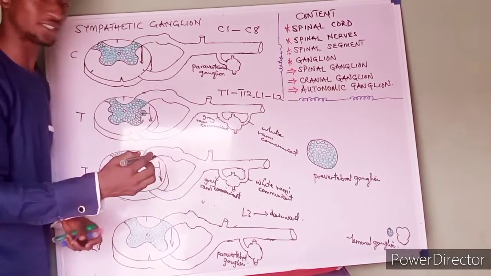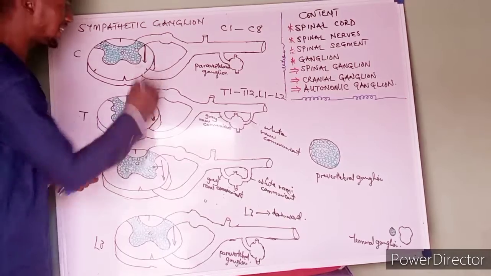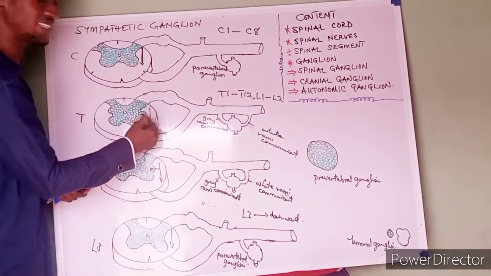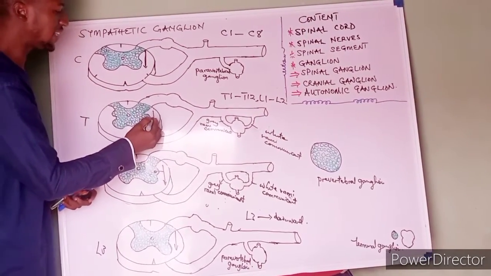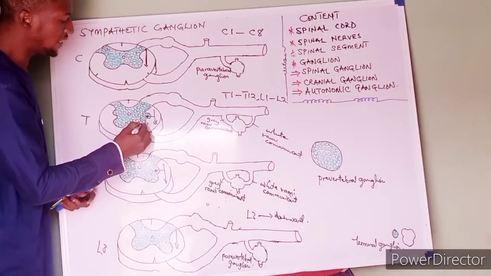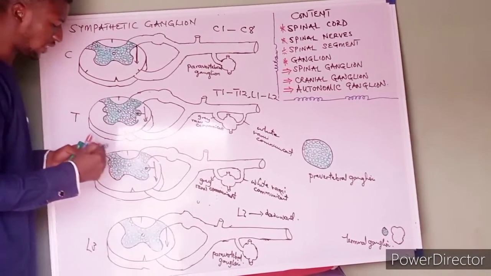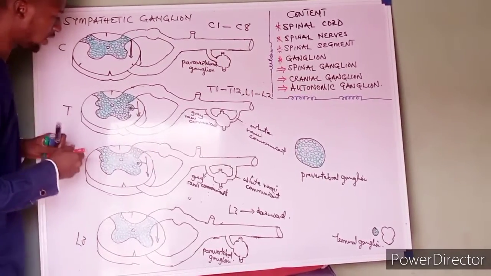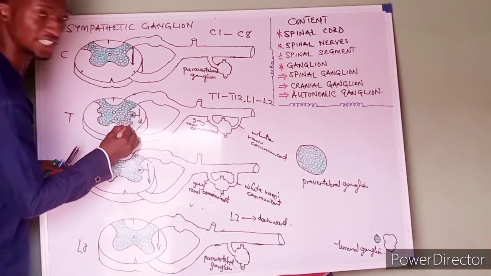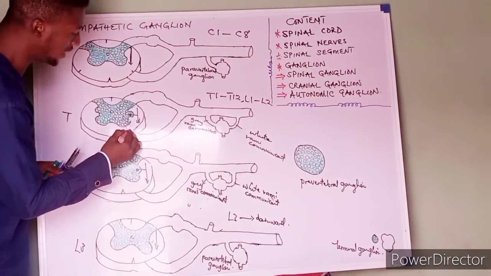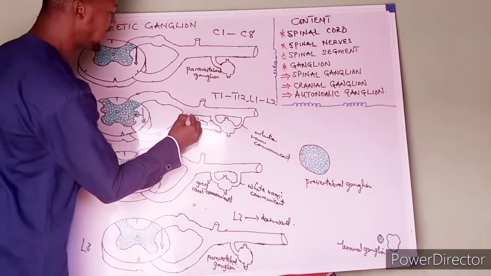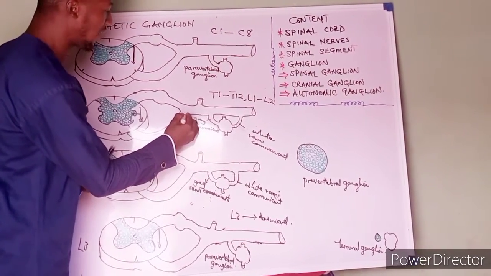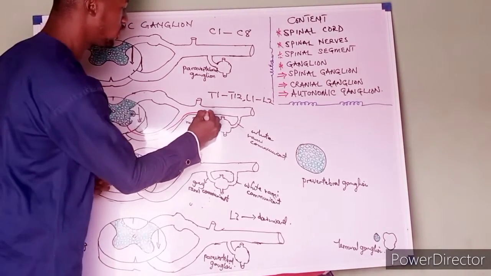Now, why do we have to emphasize this? We emphasize this in the sense that when the sympathetic fiber is descending, it terminates in the lateral horn and it gives what? It gives a branch, its fiber, through the anterior horn. And from the anterior horn, it enters into the what? Into the spinal nerve, and from here it continues.